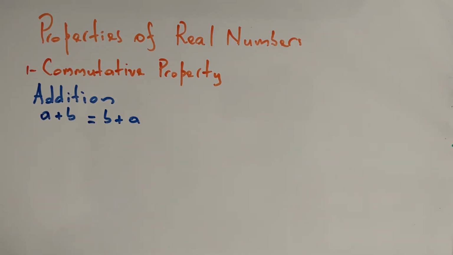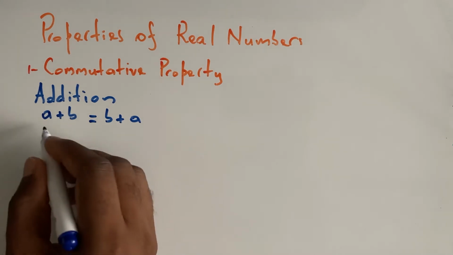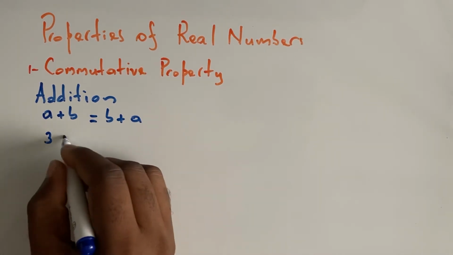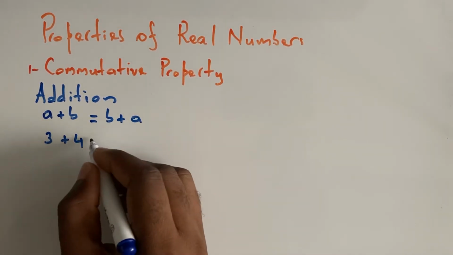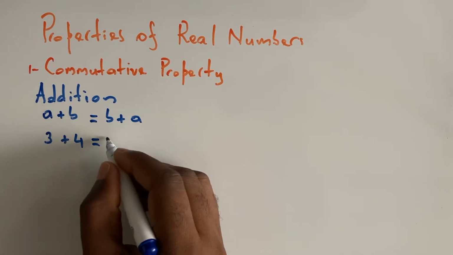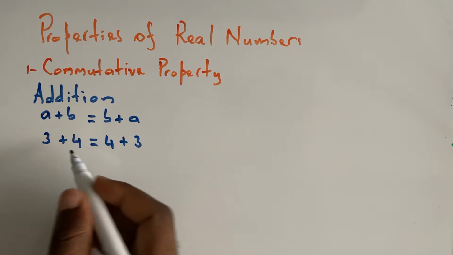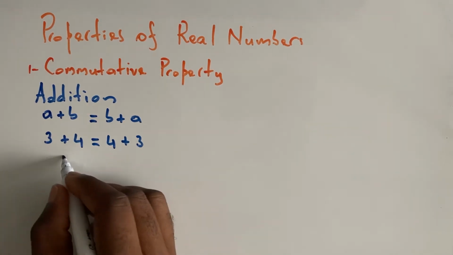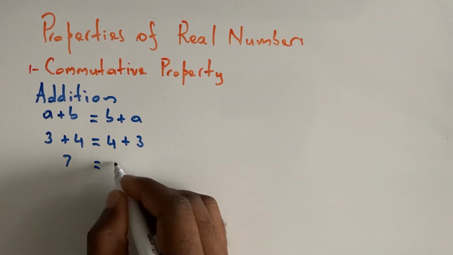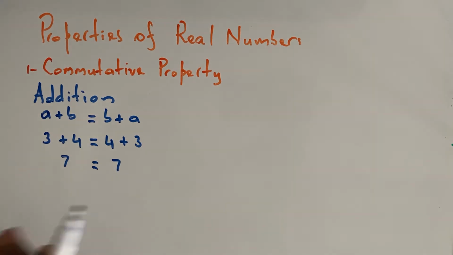For example, you can pick any numbers you want: 3 plus 4 must be the same thing as 4 plus 3. They're actually the same because 3 plus 4 is 7 and 4 plus 3 is 7. So you can switch the values' places and you should get the same result, okay?